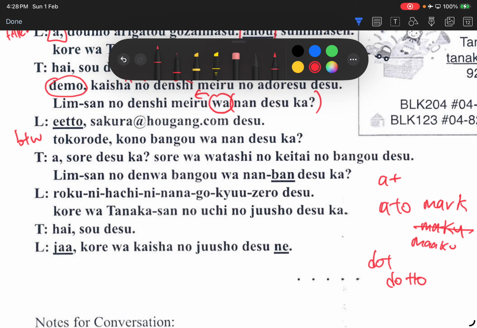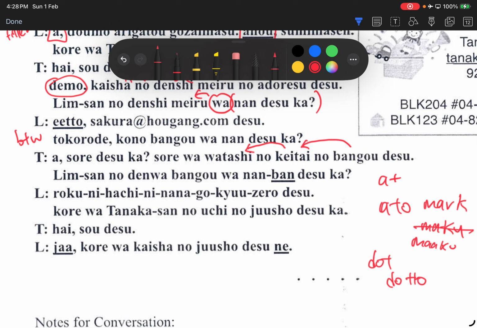That? So basically just trying to say like, oh, that. それは私の携帯の番号です。Right? So we have double no again. So basically bango is related to keitai, keitai is related to watashi. So that is my phone number. Right? My phone's number.